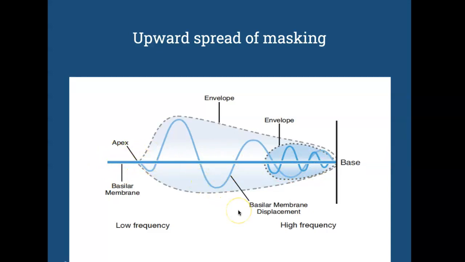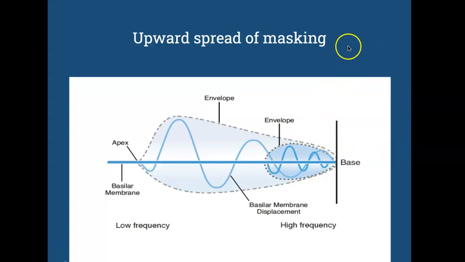If you remember the tonotopic organization of the cochlea, it states that high frequencies are represented here, mid, and then low frequencies. So any low frequency that stimulates the basilar membrane must travel through the high frequency region. But the same is not true for high frequencies.